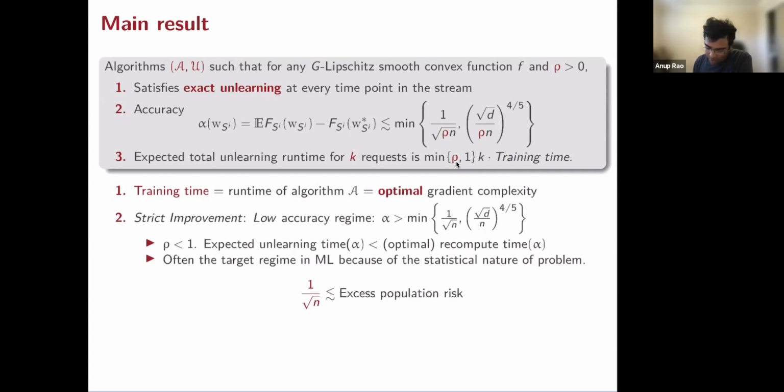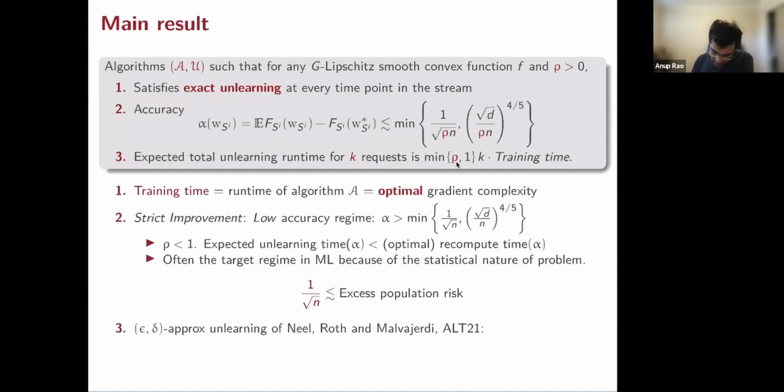People want to minimize the excess population risk, not the excess empirical risk. That's like the test accuracy, and that is usually lower bounded by something like 1 over square root n. So in that regime, or close to that regime, we are strictly better than just retraining.